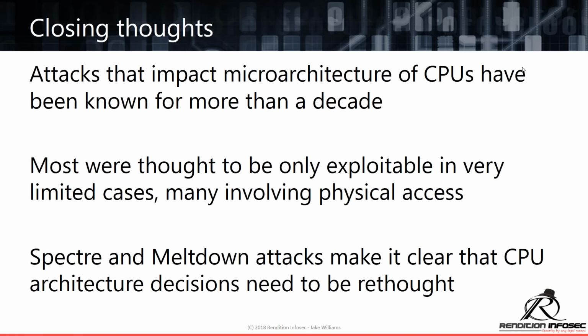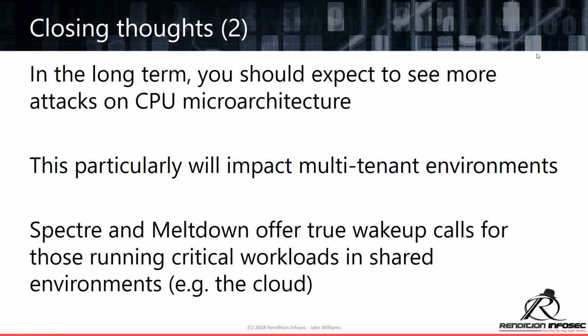But look, it's clear at this point that with these CPU architecture decisions, where we've been engineering CPUs for speed, we need to rethink this, right? And I have no doubt that people way smarter than me at Intel are doing just that as we have this webcast. I'm sure they're doing this as we speak.